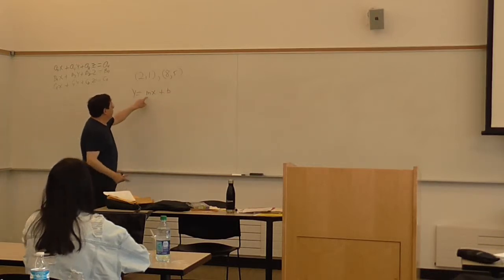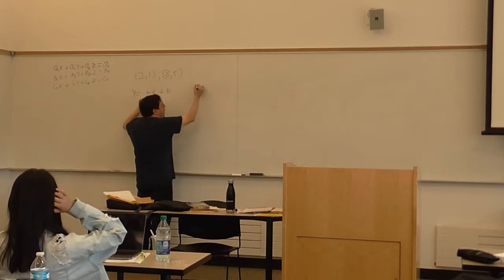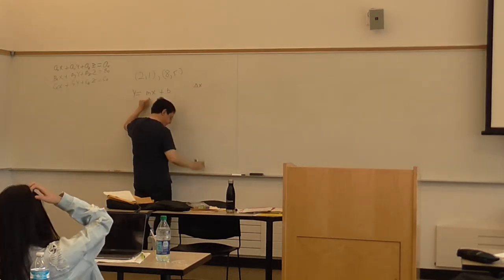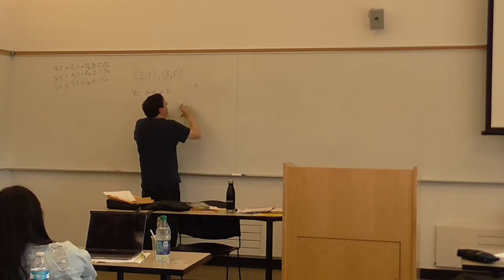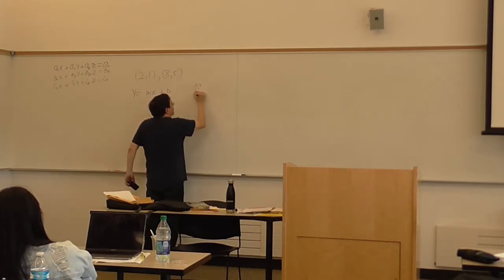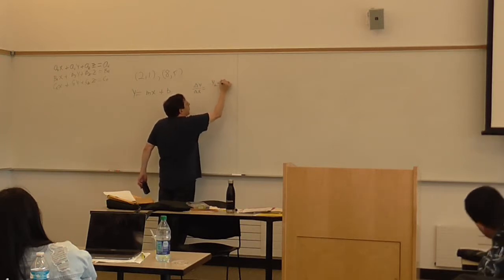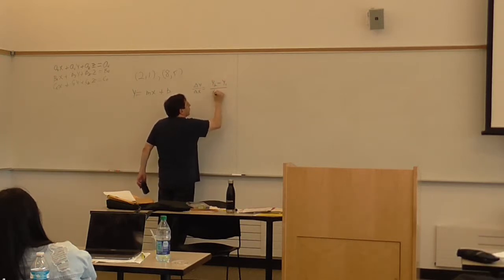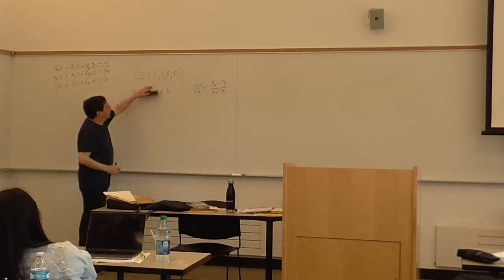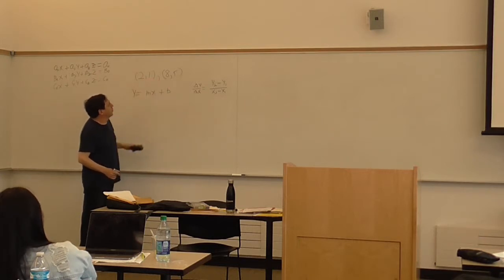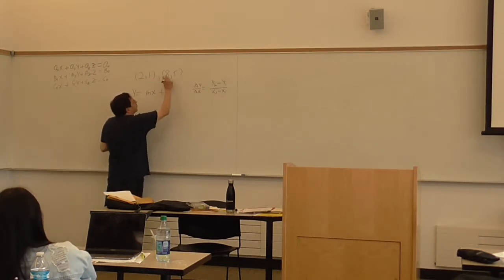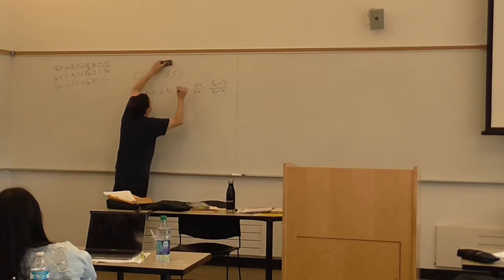I know the slope, for any 2 points, is delta y over delta x, which is just y2 minus y1 over x2 minus x1. So in this particular problem, I can choose either of these as point 1 or 2. It doesn't matter.